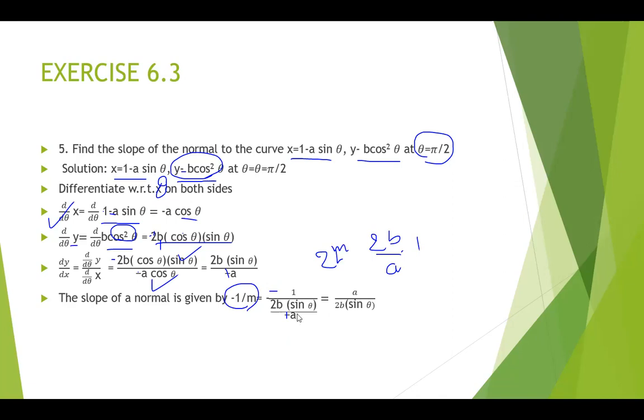This a is the denominator of the denominator, it comes to the numerator. We have minus a upon 2b as the slope of the normal drawn to the curve at theta equal to pi by 2.